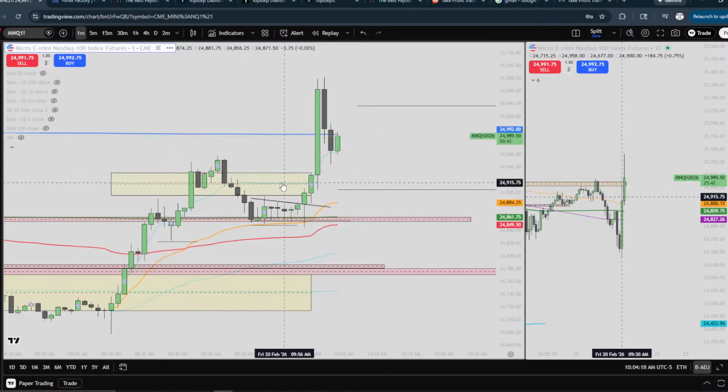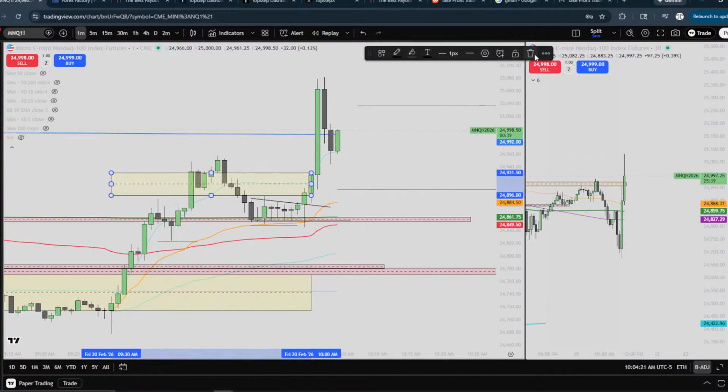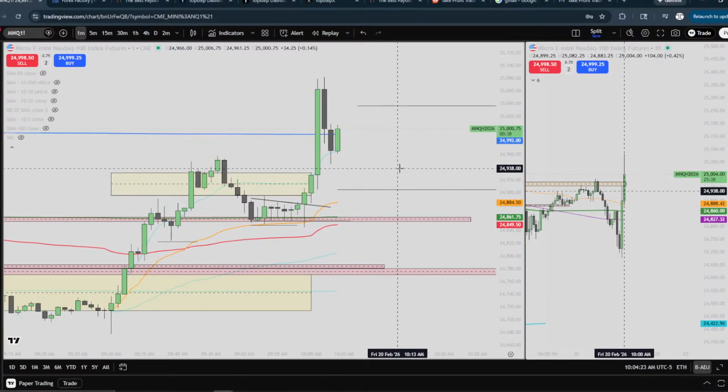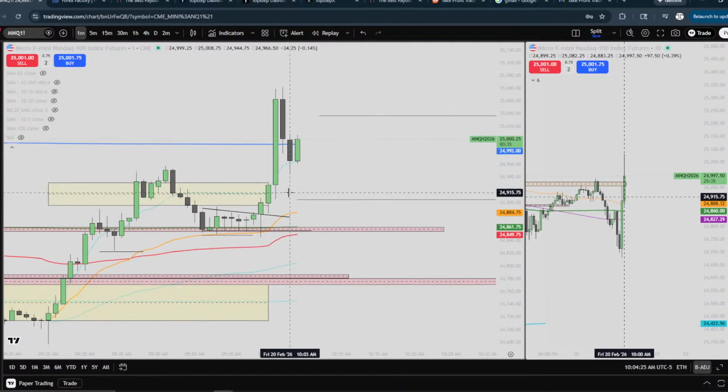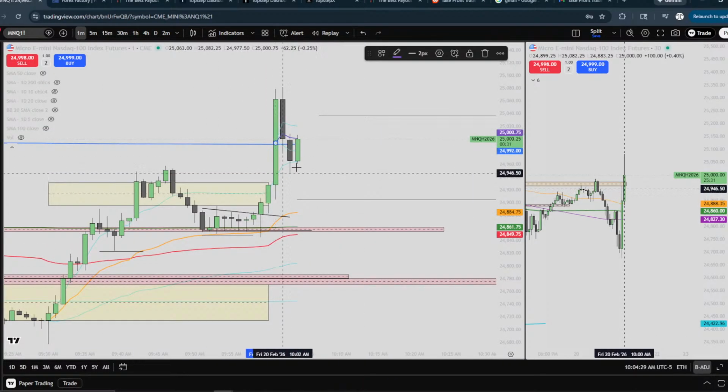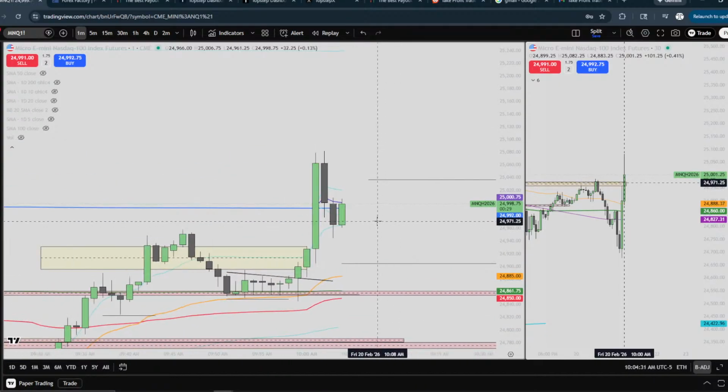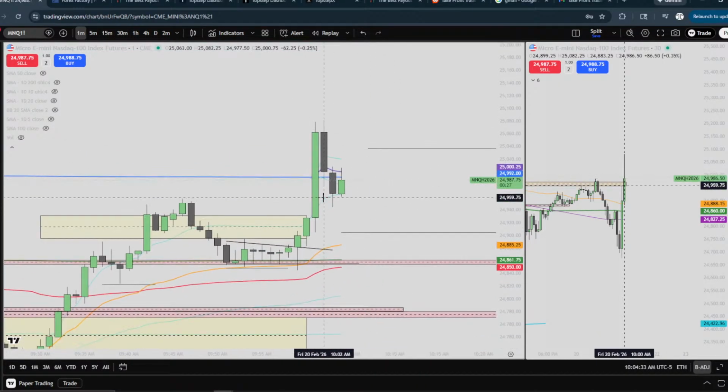Living in the real world. Boom, boom, boom, boom. Failed VWAP here. Do we get the reclaim?